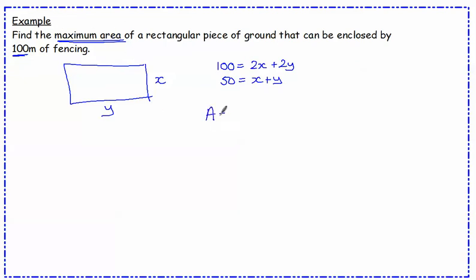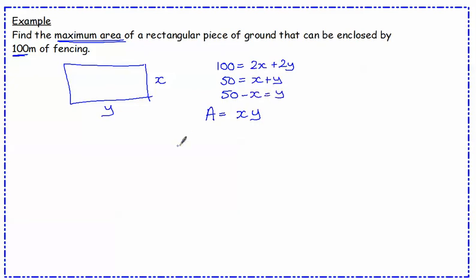So we're looking at area. The area is worked out by doing x times y. The problem is we only want one variable, so we only want it in terms of x. So we're going to rearrange this one. I always like things in terms of x, so we get 50 minus x is equal to our y.